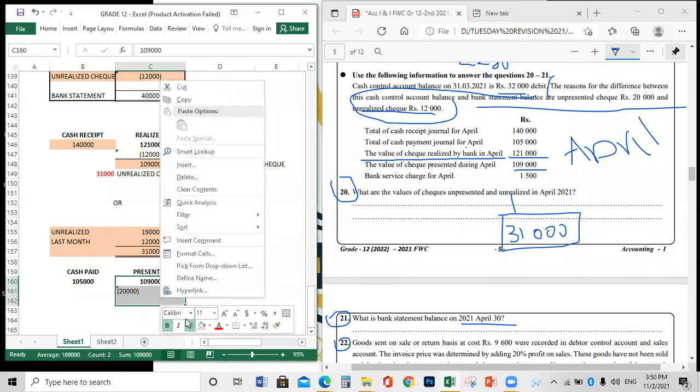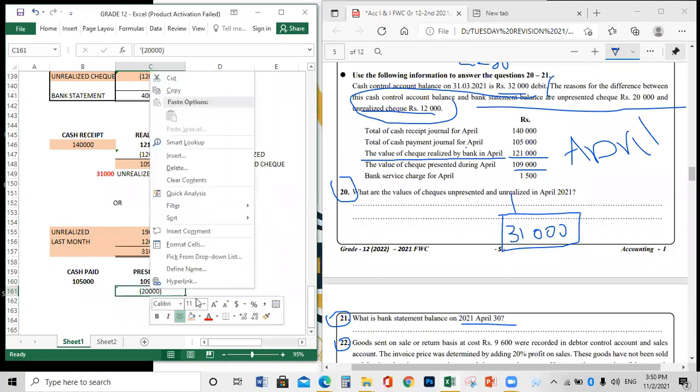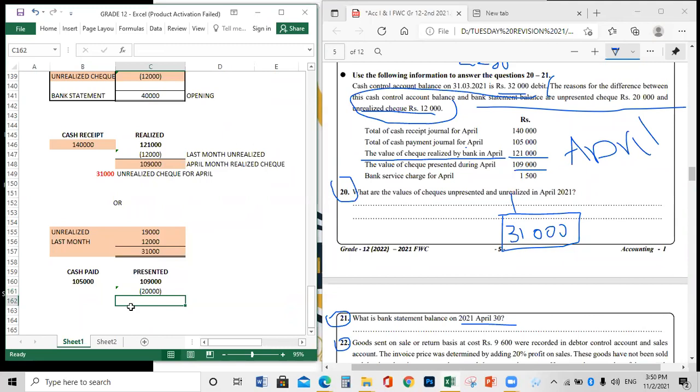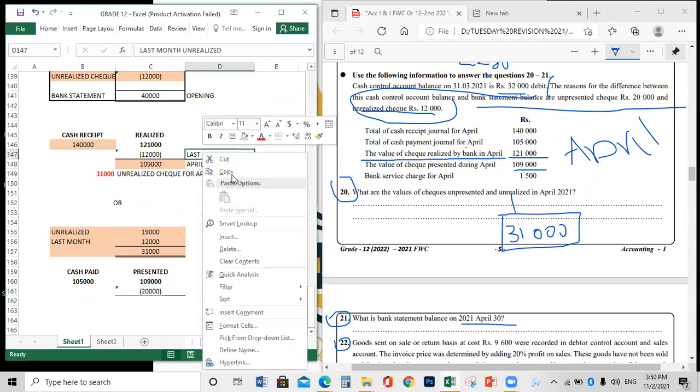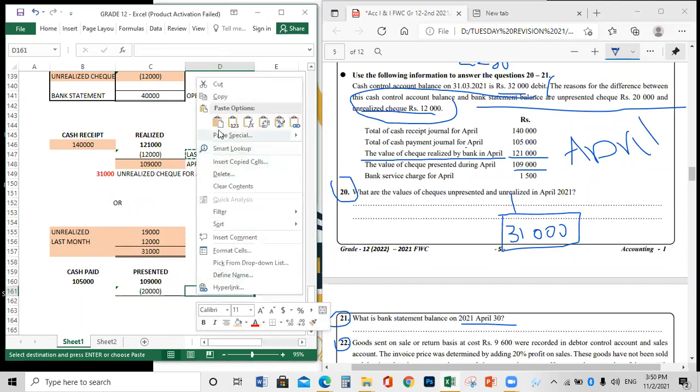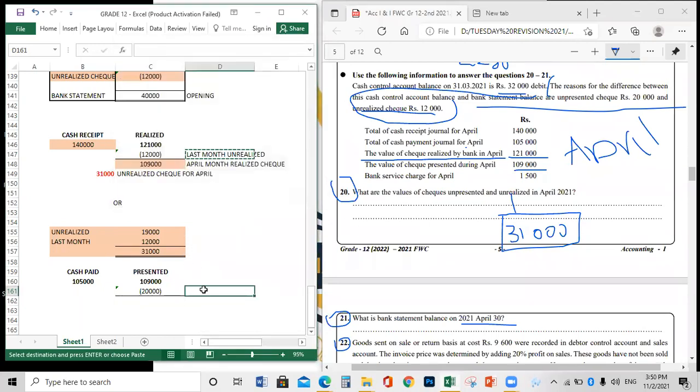Why did I deduct it? Because it's including the last month unpresented check. That is the reason I take it out from the current month presented, because this is relevant for the last month.